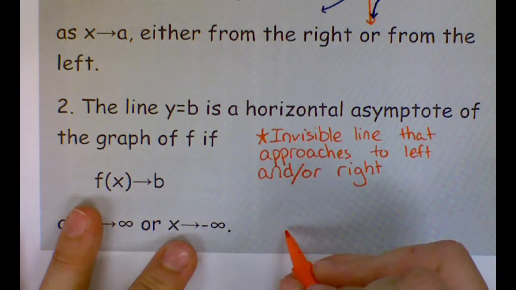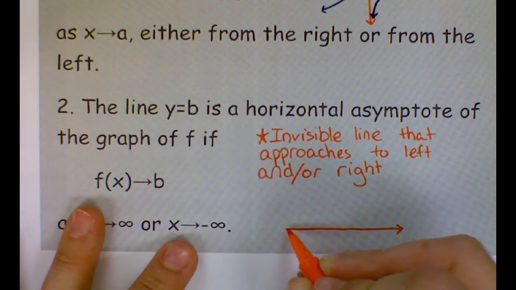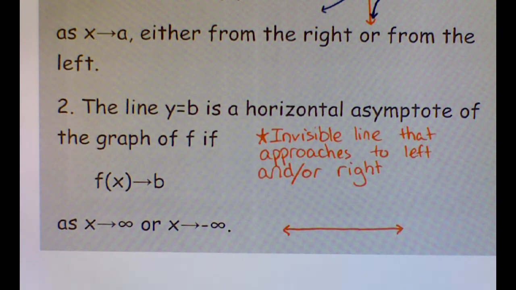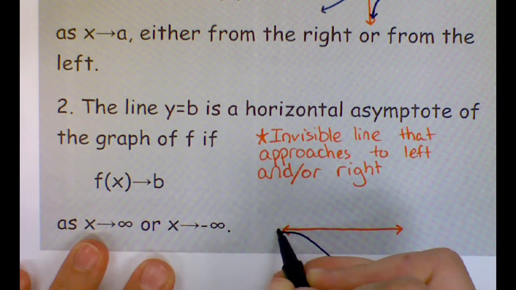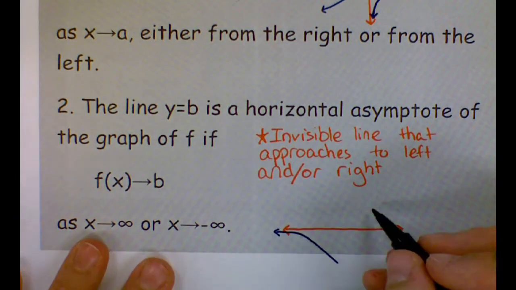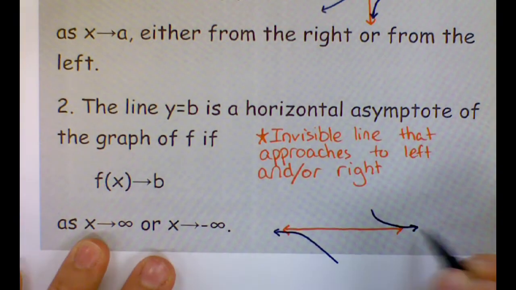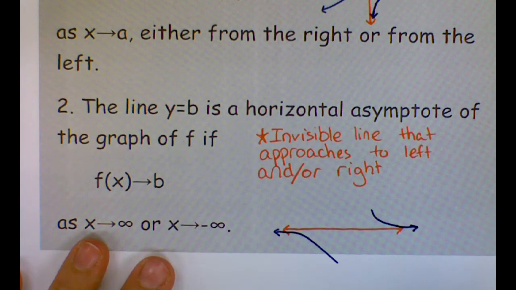So what that means, we have this invisible line. Okay, that's my asymptote. On the far, far, far left of the graph or the far, far, far right of the graph, my function gets super, super close to it but doesn't quite touch it like that. Or maybe it's on the top side and it goes like that. It gets really, really, really close to it but not quite there.